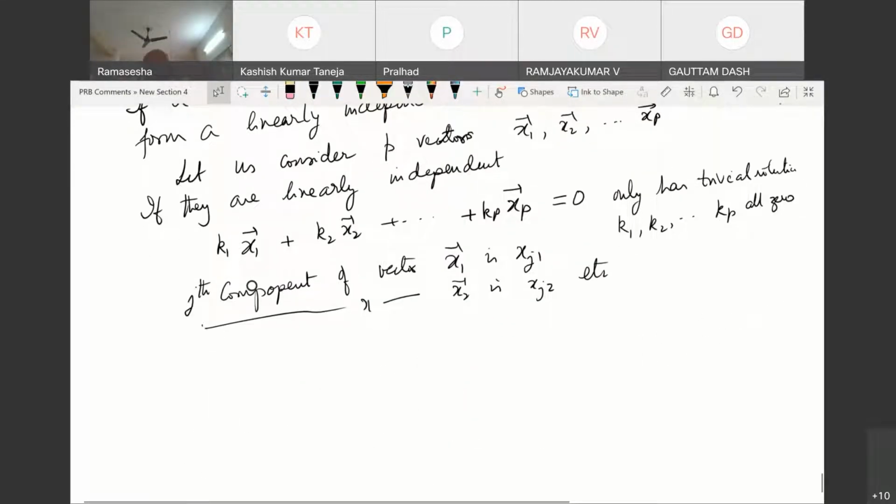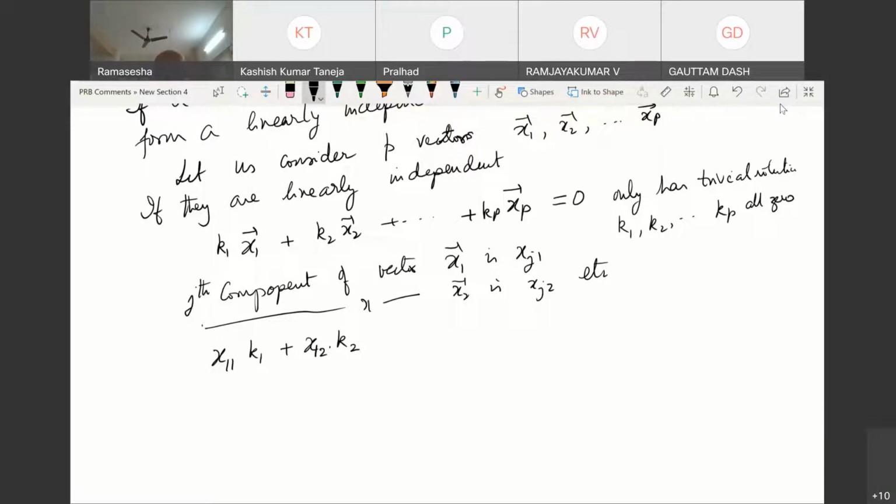I can write this one as x11 k1 plus x12 k2 plus etc. plus x1p kp equal to 0.